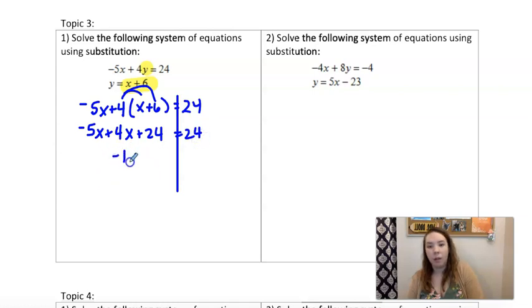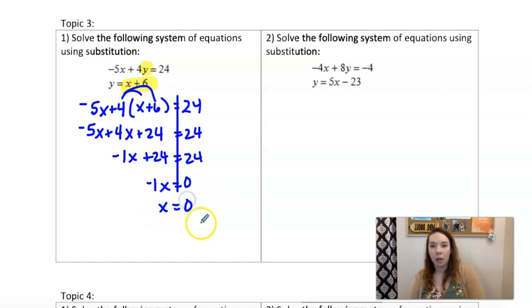So I'll have -1x when I combine like terms. If I subtract 24 from both sides, I get 0. And then 0 divided by -1 is still 0. So my x is 0. And I can plug that back in to find y. So y is 6 in this case.